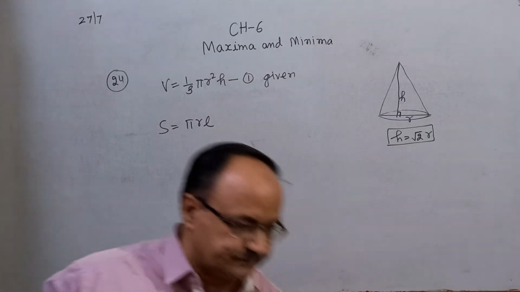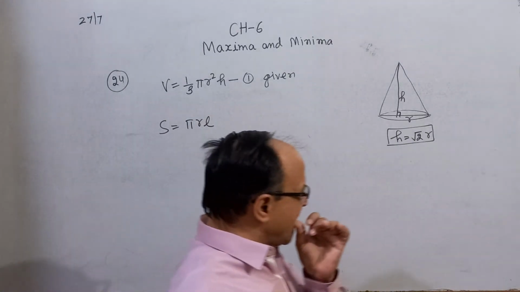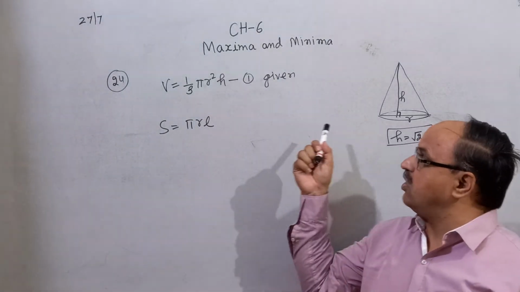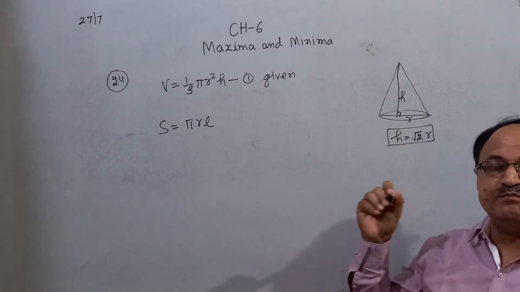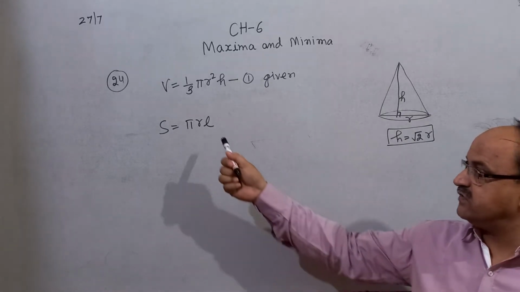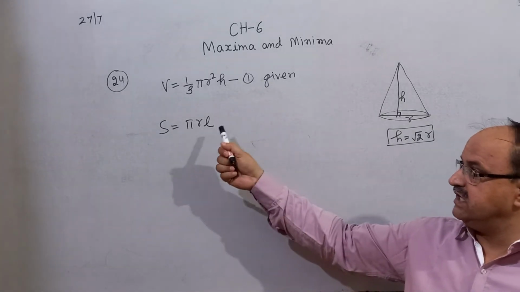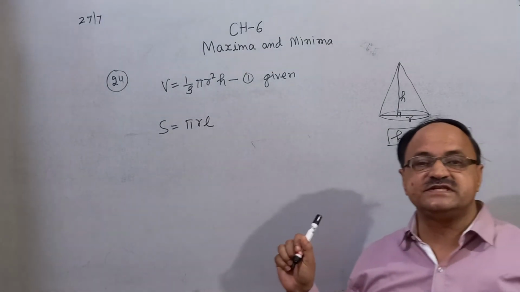Clear? Now, what is the question? Right circular cone of the least covered surface area. It means minimize the covered surface area, and the covered surface area of cone is pi RL. It is possible only when the height of cone is root 2 times of its radius. Clear?